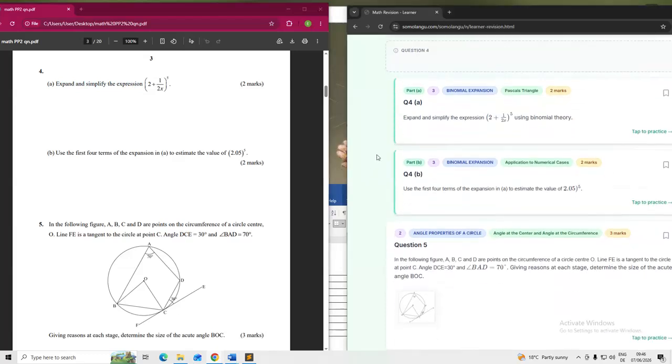So on Somolangu, we can see that this is a question that tests the Form 3 topic binomial expansion, and more specifically, the Pascal's triangle. Part B also tests the same binomial expansion and application to numerical cases. Here, students use the first few terms of a binomial expansion to estimate a numerical value.